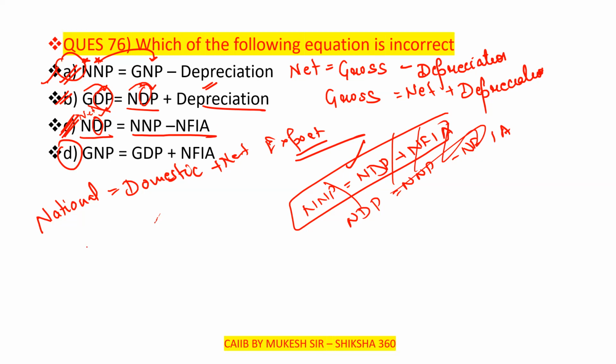Option D: gross national product is equal to GDP plus NFIA. Is this correct or not? Yes. The question asks which of the following is incorrect, but sometimes there is a mismatch in the question.